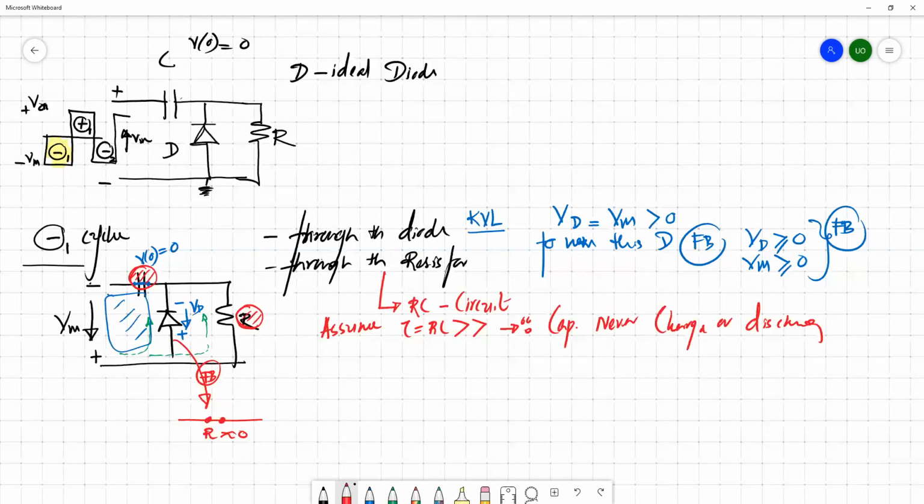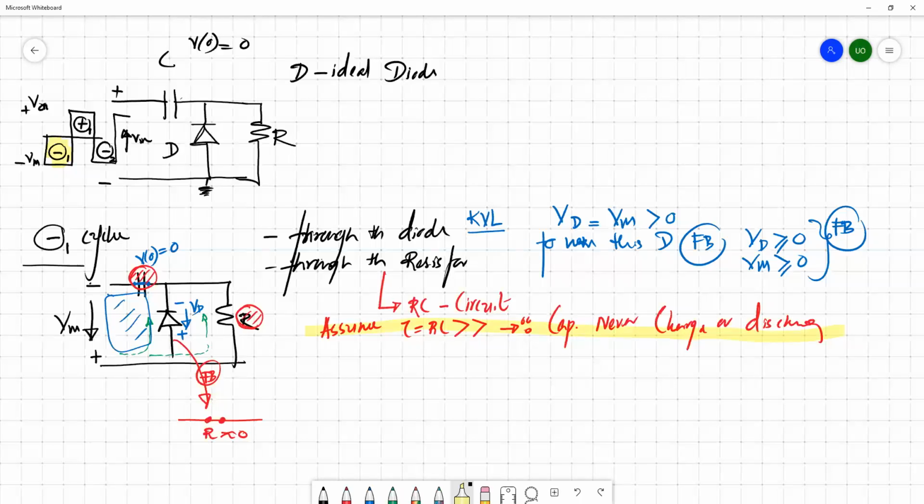The time constant is very high. This is the assumption we made throughout the discussion. During that period, the capacitor never charges and never discharges as well.